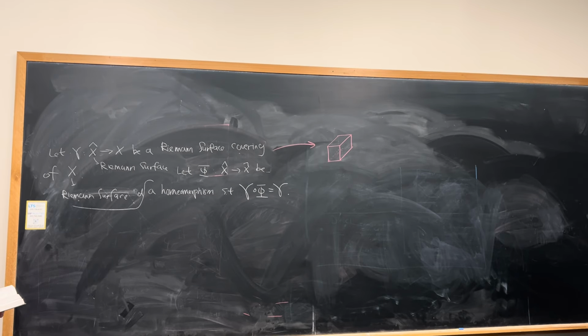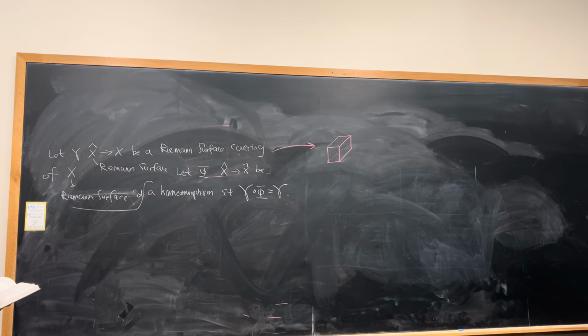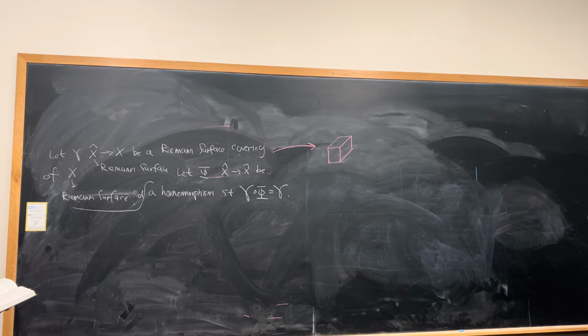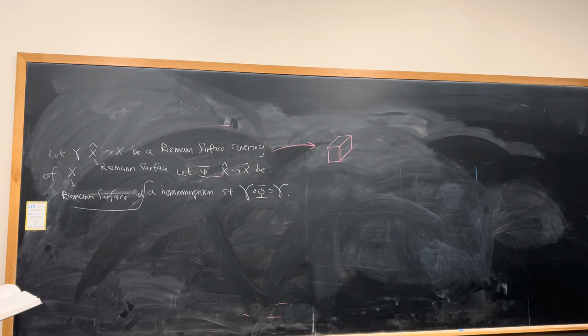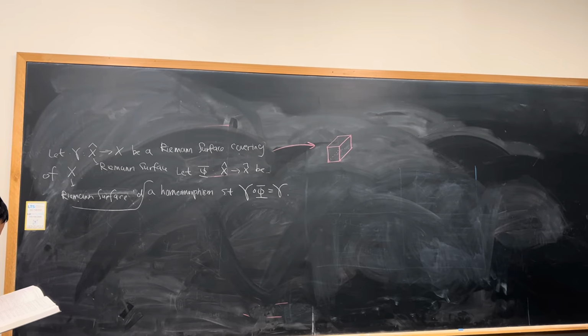Okay, so now what we have is that the holomorphic lifting theorem says if this gamma from x hat to x is a covering surface of a Riemann surface x, and then that this phi from y to x be a holomorphic mapping of a Riemann surface y to x.